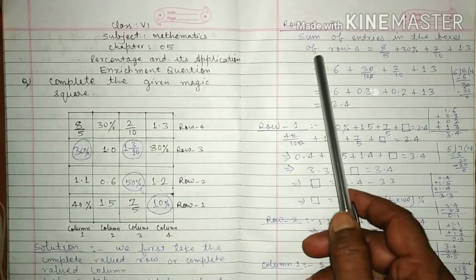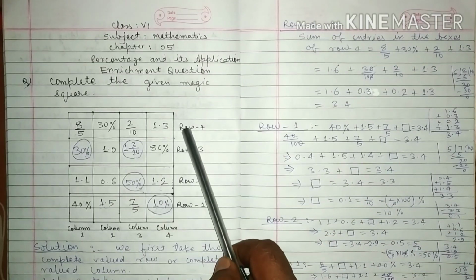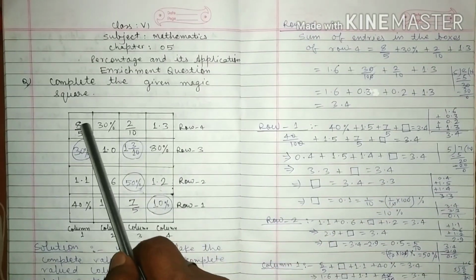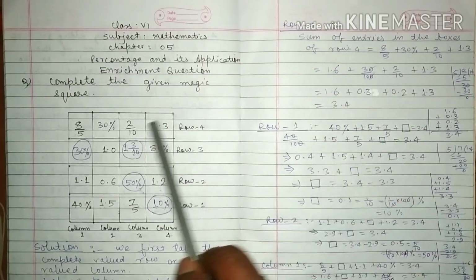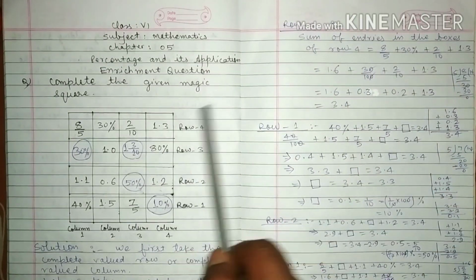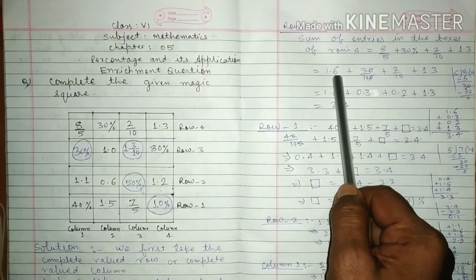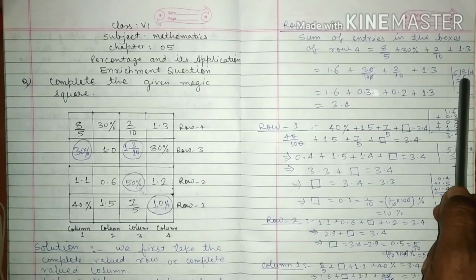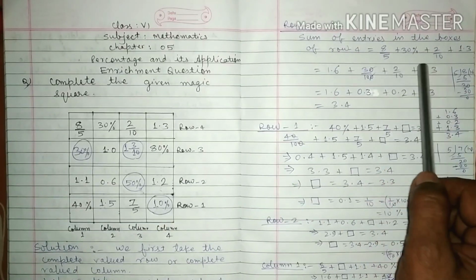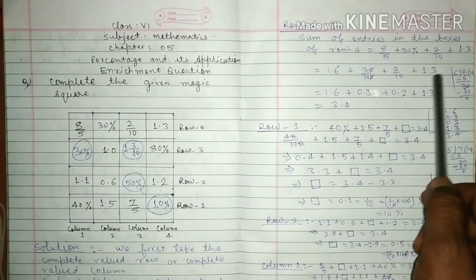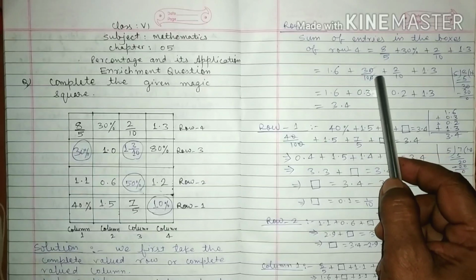Row 4. Sum of entries in the boxes of row 4 equals 8 by 5, 30%, 2 by 10, 1.3. 8 by 5, the value is 1.6, we divide here. 30% means 30 by 100, 0 and 0 cancel, 3 by 10.